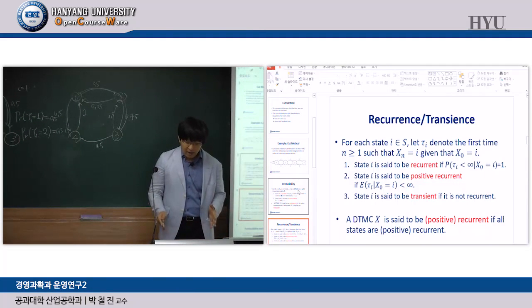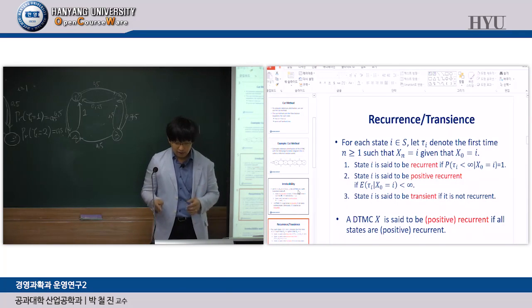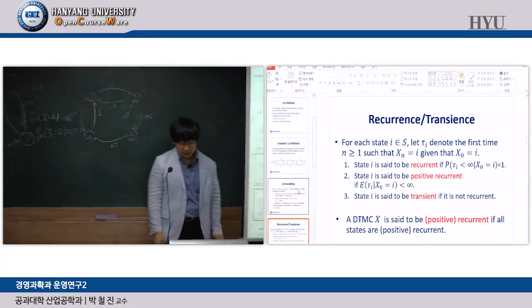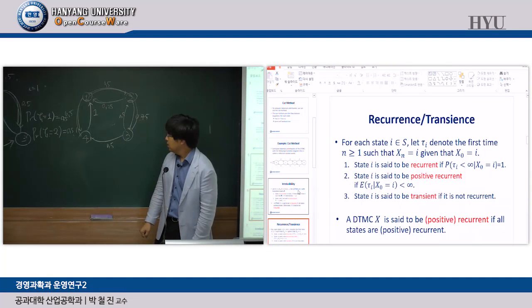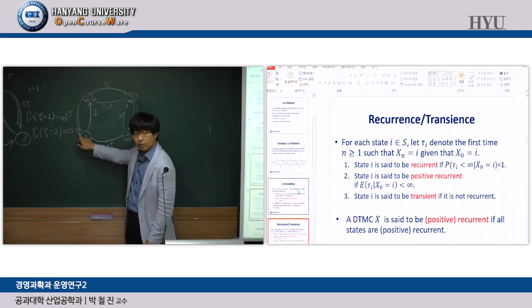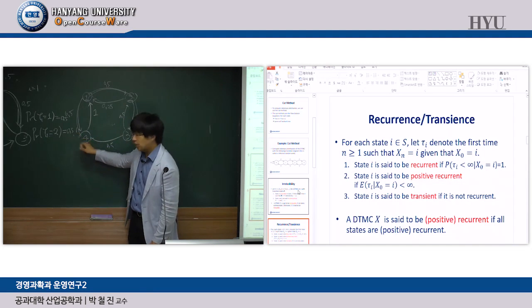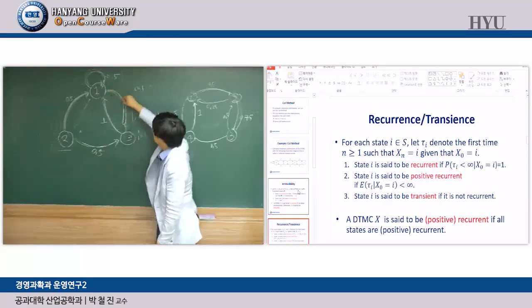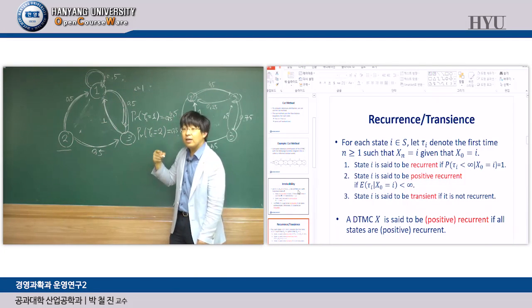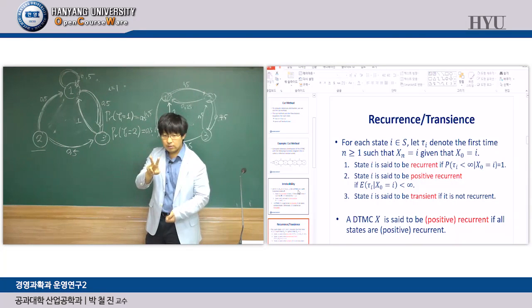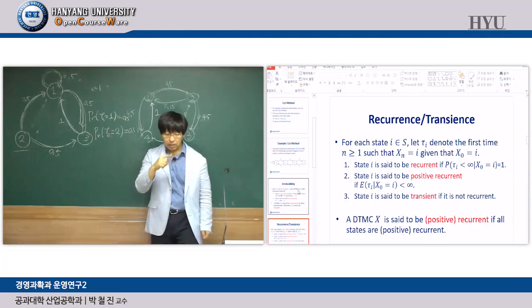So based on the definition of recurrence and transience, the probability is 0.5 times 1. Yes. Why? Because we can consider these two arcs to come back from 1 to 1 with just 2 steps. This is the only way.